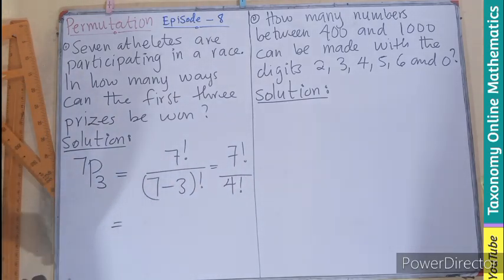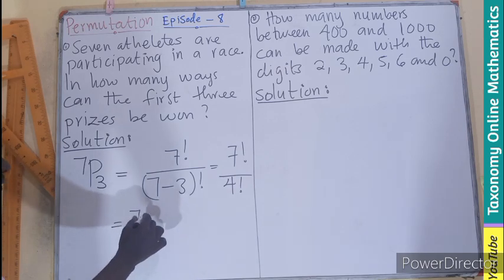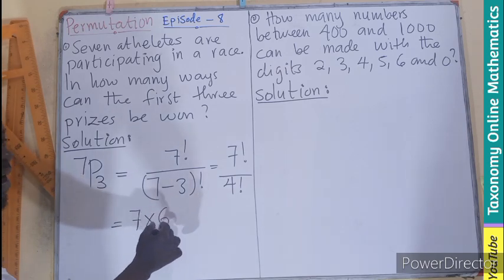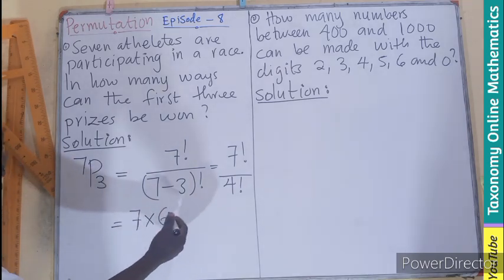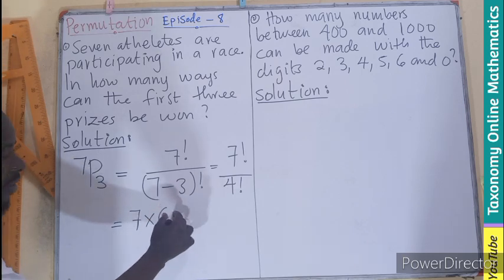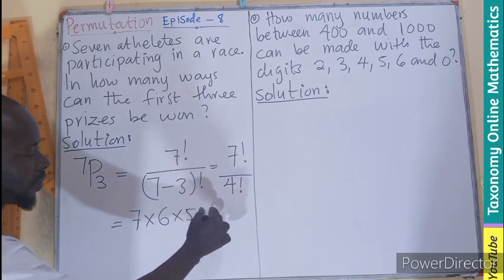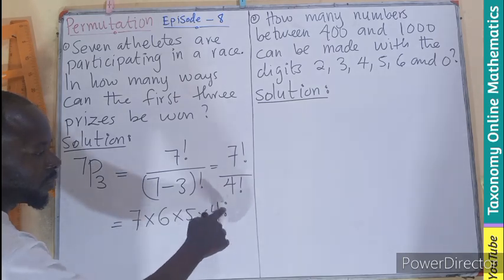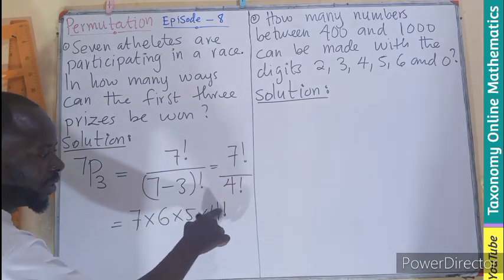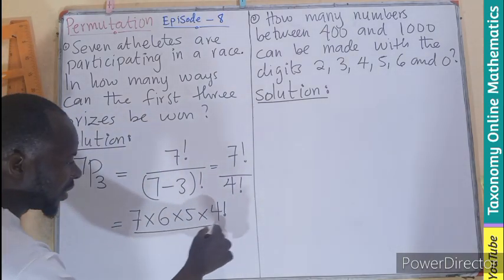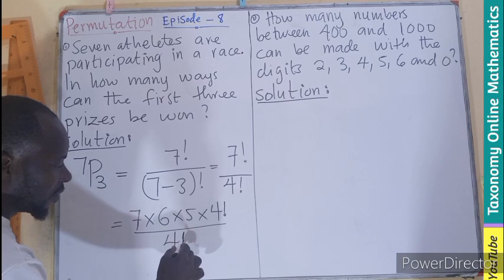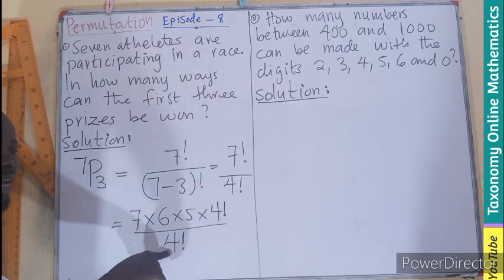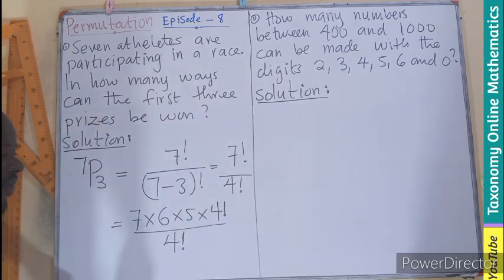Now, remember what we say about factorial. Factorial is just multiplying the integer by the non-negative values which are less than that integer. So 7 times 6 times 5 times 4 factorial, divided by 4 factorial. I have 4 factorial here, hence I leave it as 4 factorial.